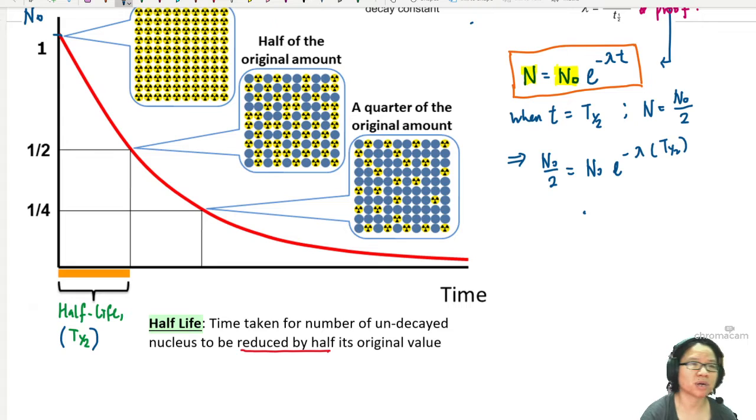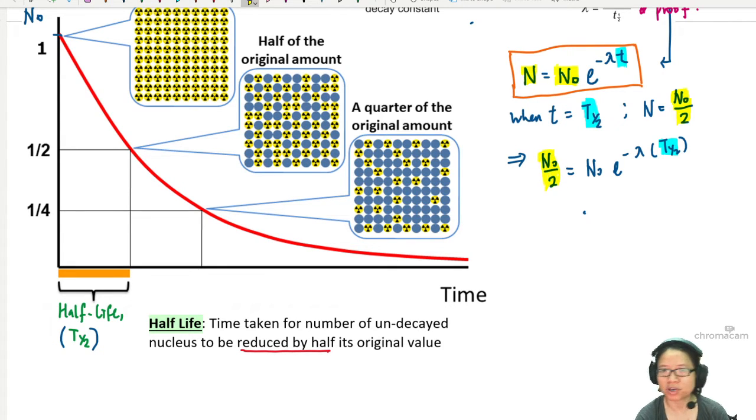That's why sometimes they will write exp, to make sure that you have enough space to write the half-life. This one here is your half-life, which is this t, and your N is your N naught over 2, which is this one here.